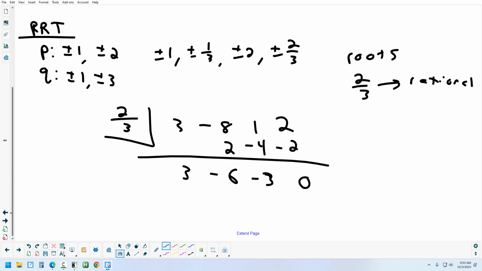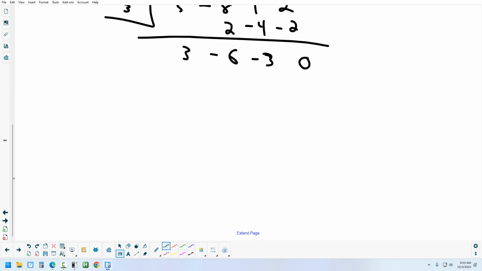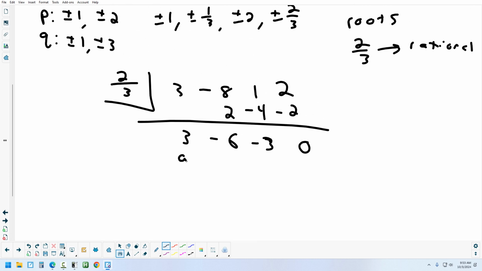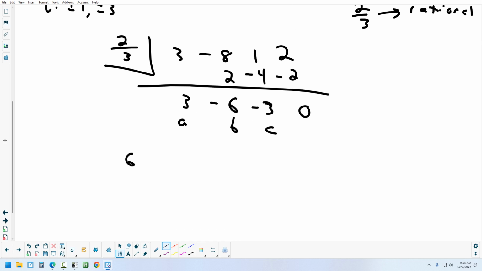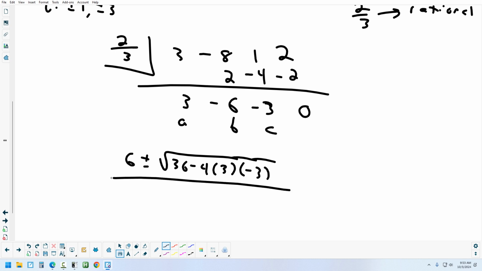The other two roots are going to be a, b, c for my quadratic formula, -b plus or minus the square root of b squared minus 4ac, all over 2a. Minus a minus becomes a plus.